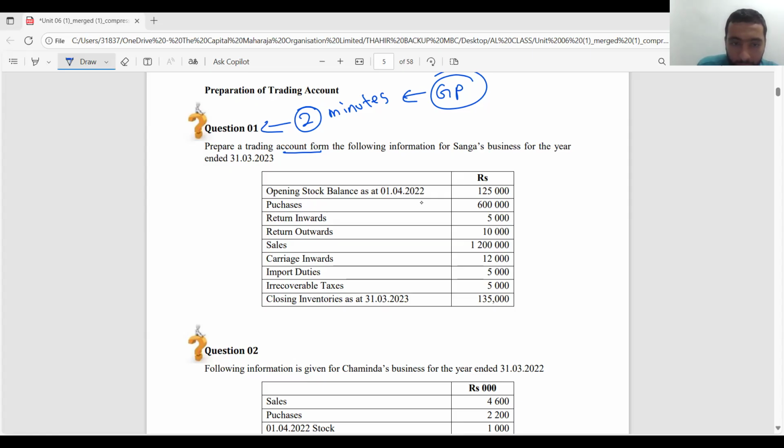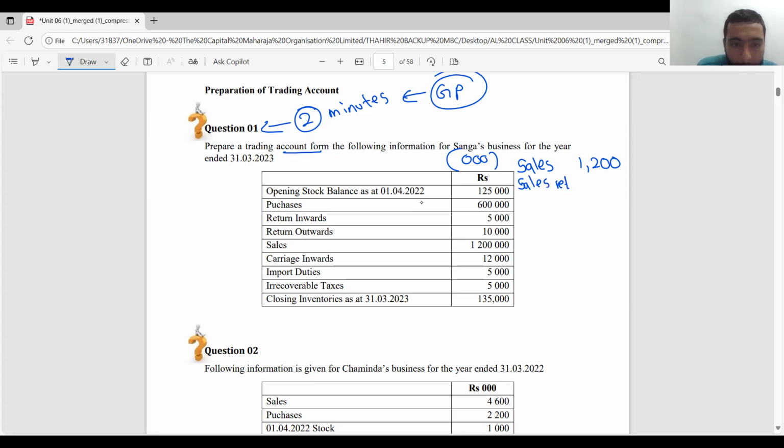First of all, what you have to do? You have to get the sales. How much is the sales? I'll reduce 3 zeros because I don't have enough space. Sales. And then sales return.